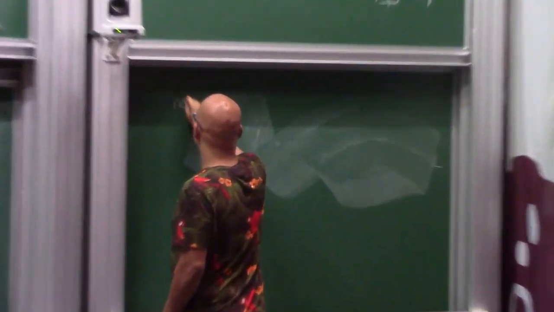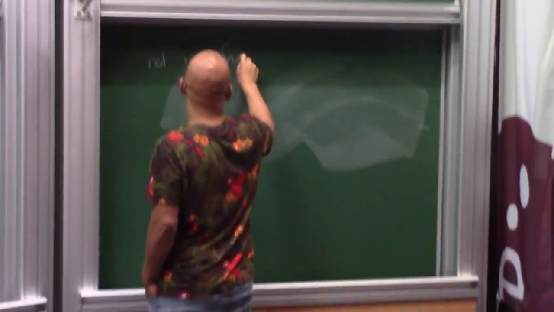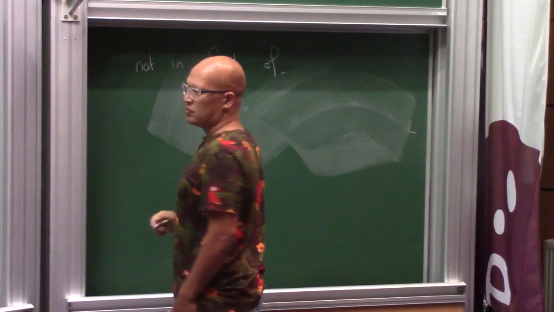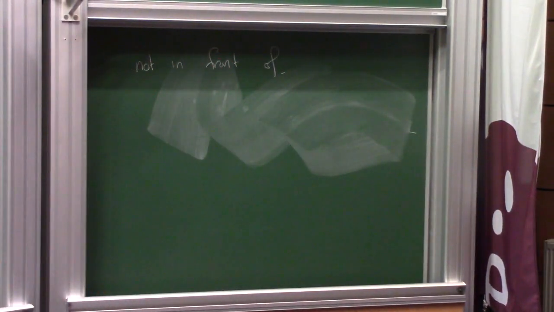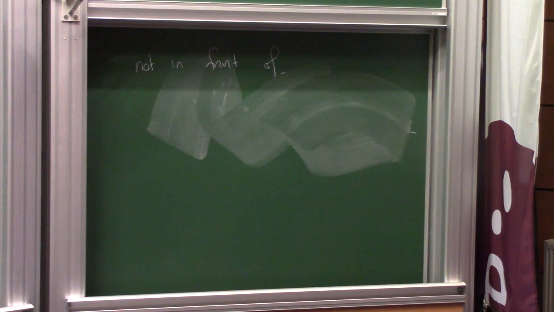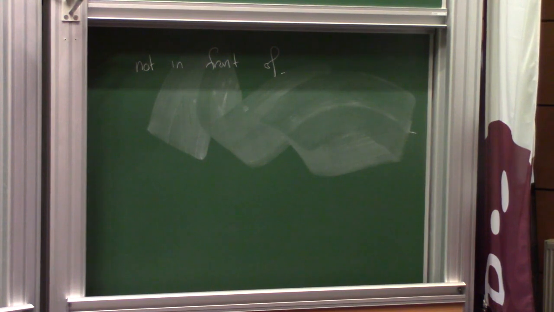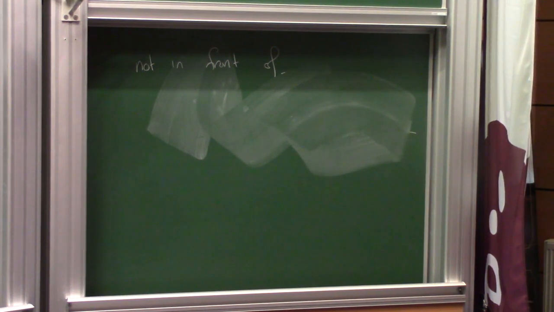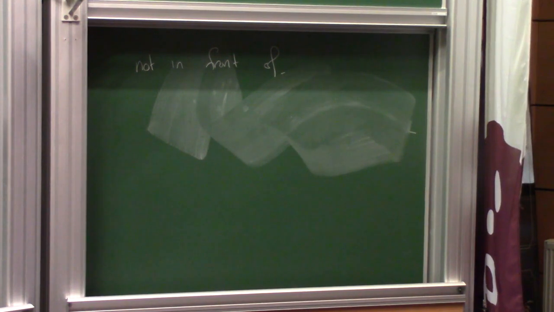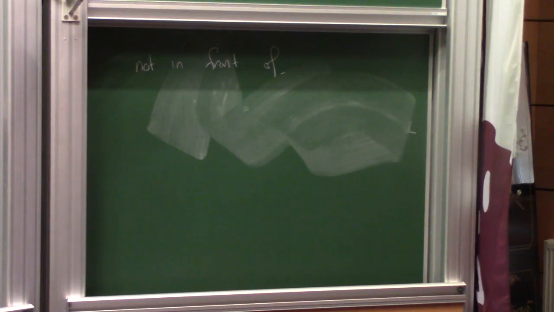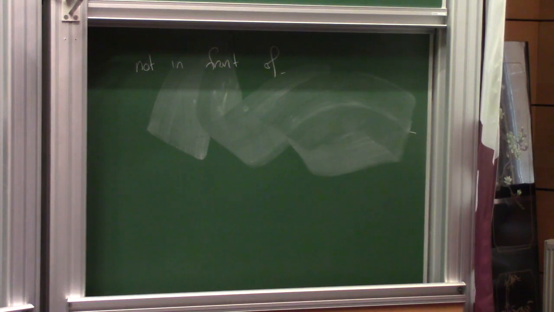So, not in front of. Maybe I'll just say it in words. It means that for X to be not in front of Y means I can embed the analogous thing for, I guess, Y without meeting X. But I don't demand that it go all the way to the contact boundary of the ambient thing.